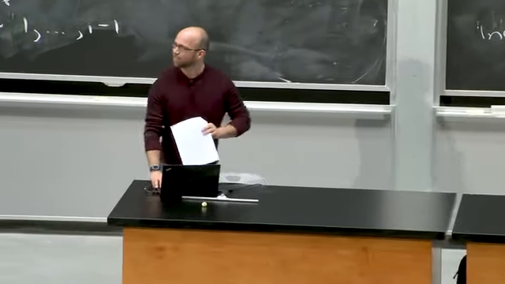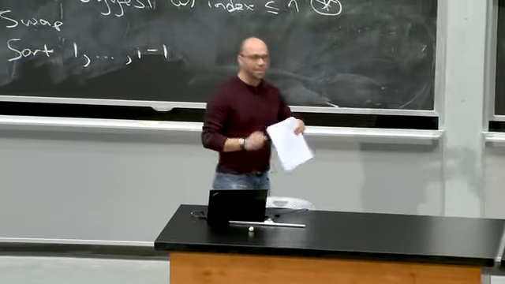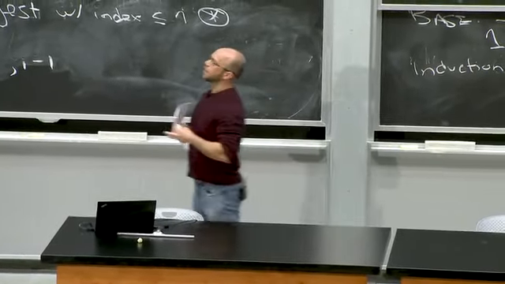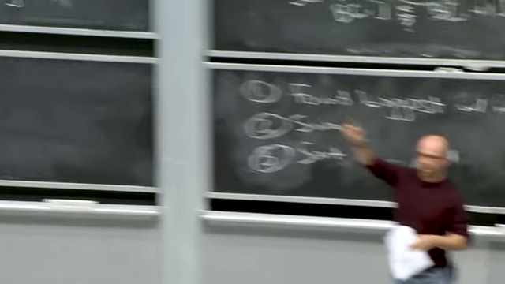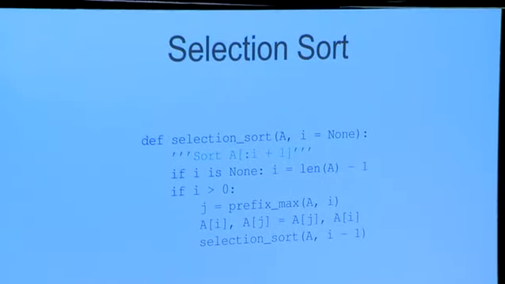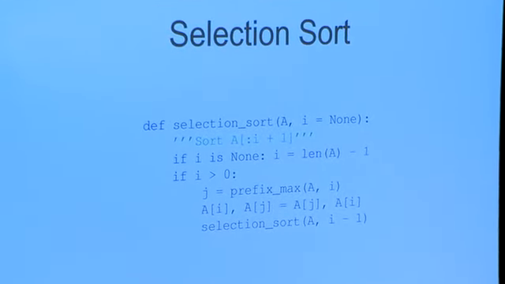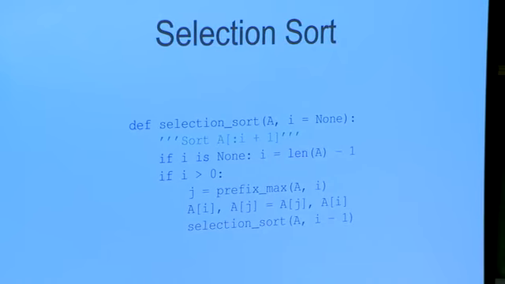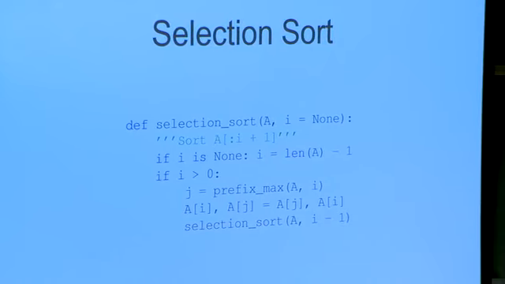Okay, so if we want to implement the selection sort algorithm, we're going to think of i as the index of that red line that I was showing you before. Everything beyond i is already sorted. So in selection sort, the first thing I'm going to do is find the max element between 0 and i, and then I'm going to swap it into place.